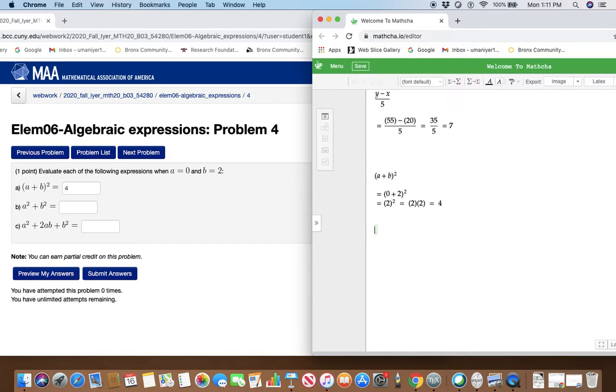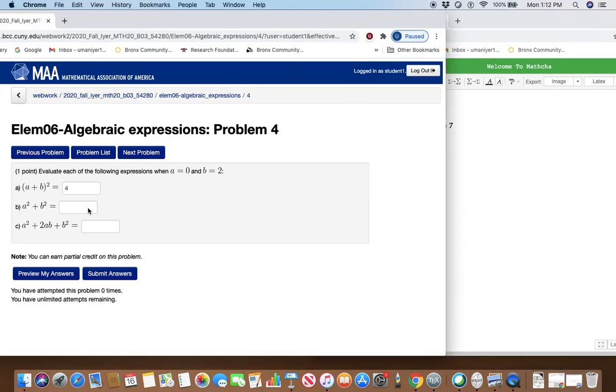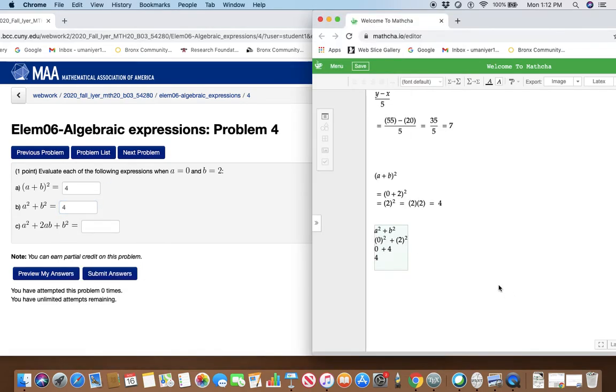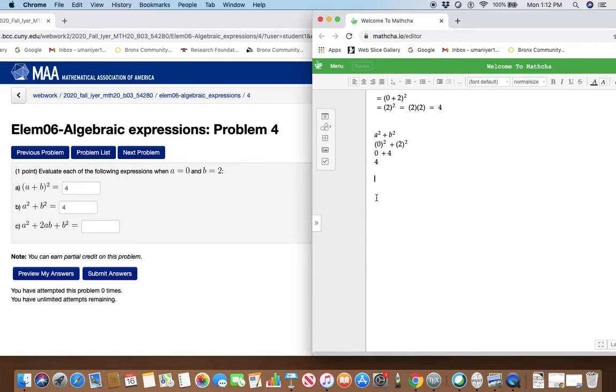Next, a squared plus b squared. A is 0 squared plus b is 2 squared. 0 squared is a 0 plus 2 squared is a 4. 0 plus 4 is a 4. Next, a squared plus 2ab plus b squared.